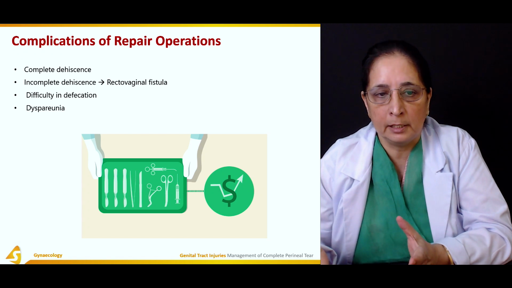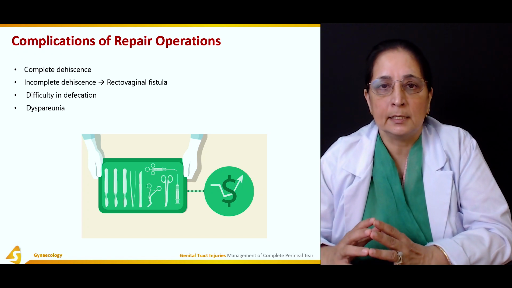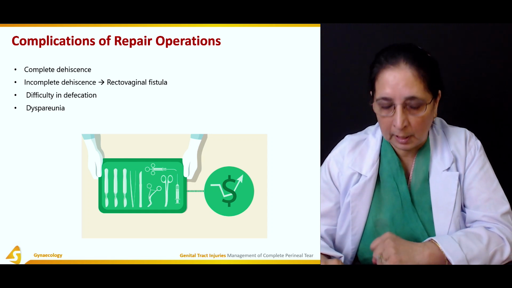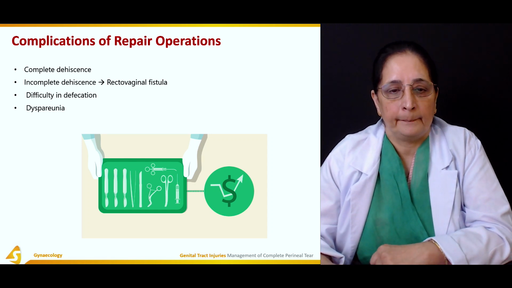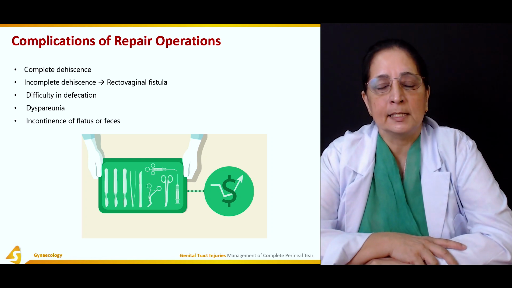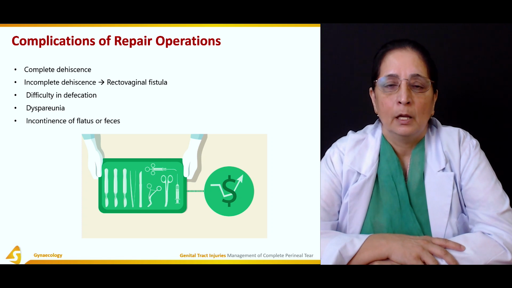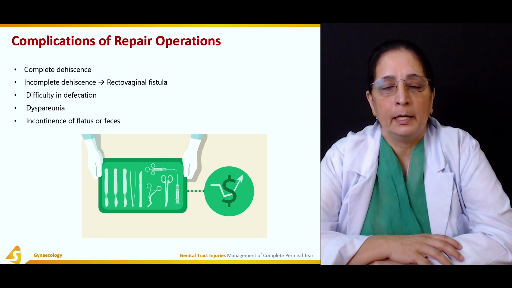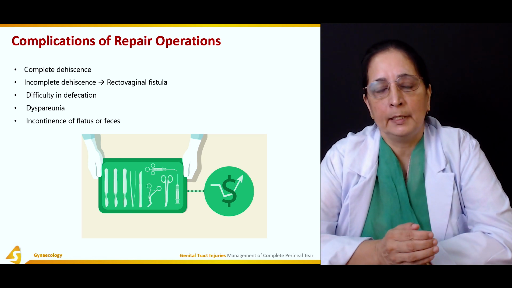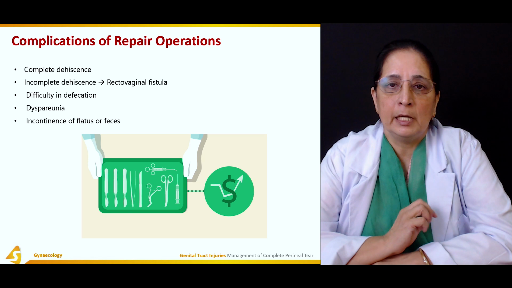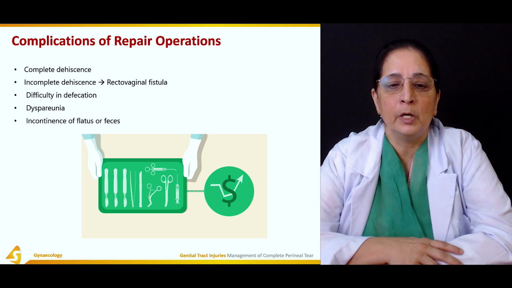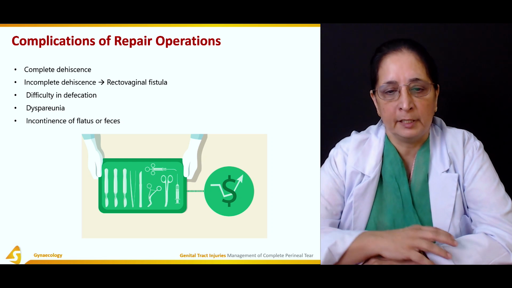And then there is incontinence of flatus or feces. This is also an important complication because of the damage to the anal sphincter, which can lead to incontinence of the feces.